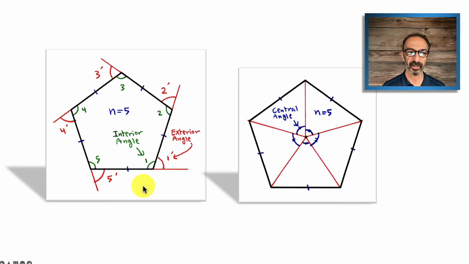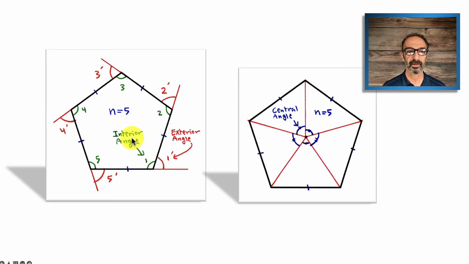Of course, we could go the other way around and have them on the other side, but let's just keep it one way. This is an exterior angle, this is an exterior angle, this is an exterior angle, the fourth and the fifth in red.